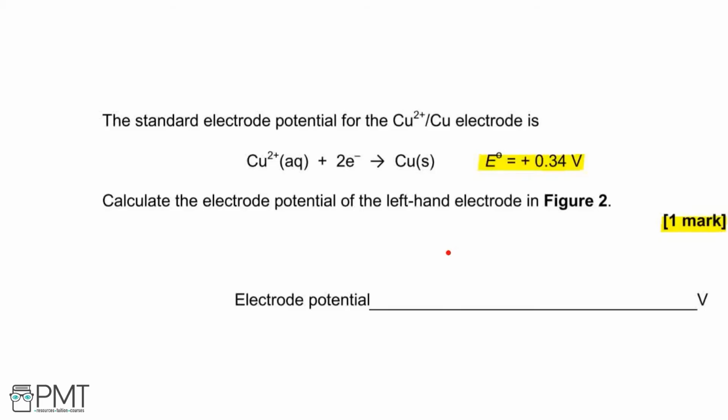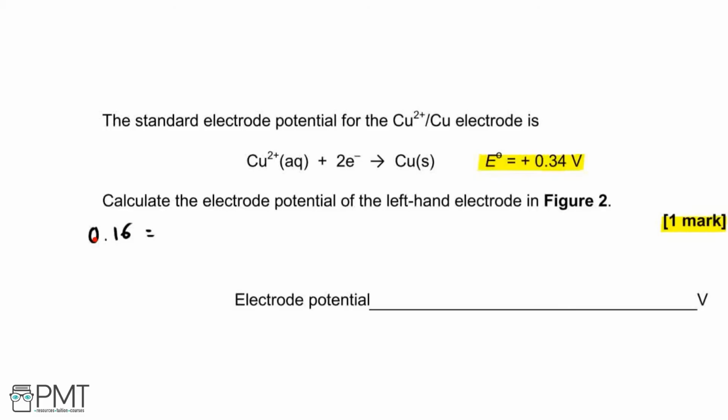Now, in this question, our total potential for our cell was 0.16. The way we would calculate this is by doing the potential of the right-hand electrode subtract the potential of the left-hand electrode.